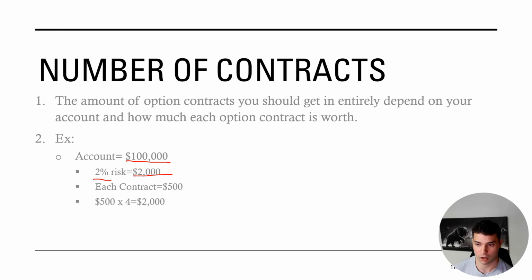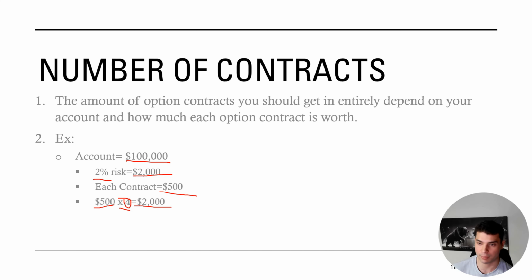So let's say you're trading a contract that's worth $500. Then you're going to do $500 times 4, which is $2,000, that's 4 contracts, right? So if there's a SPY contract that's worth $500, and you want to use your total 2% risk, you just buy 4 contracts.